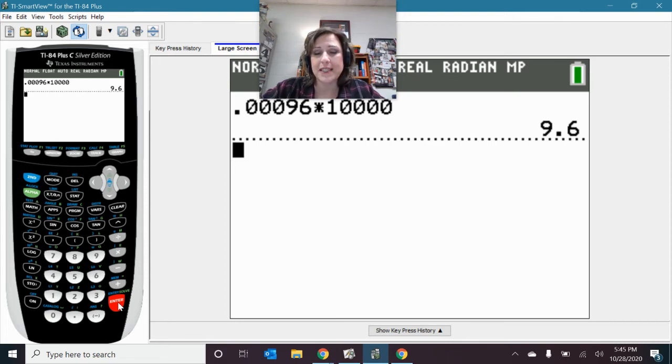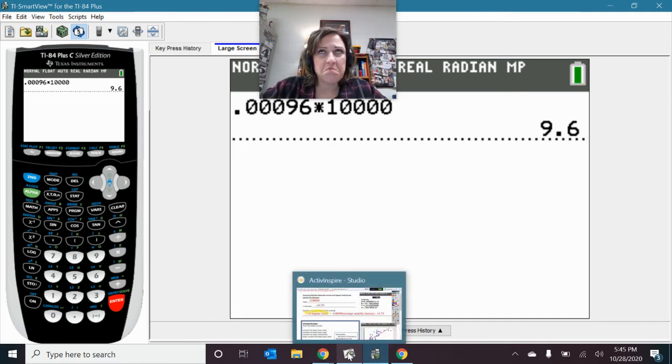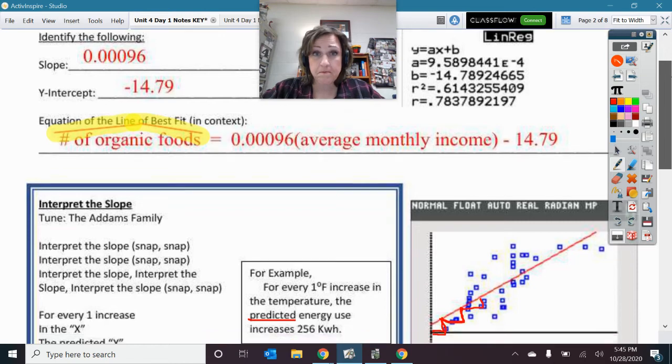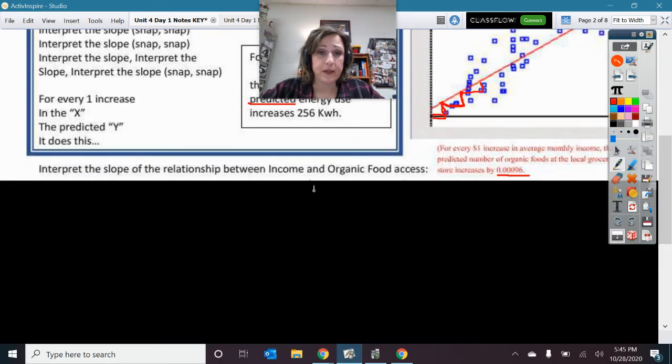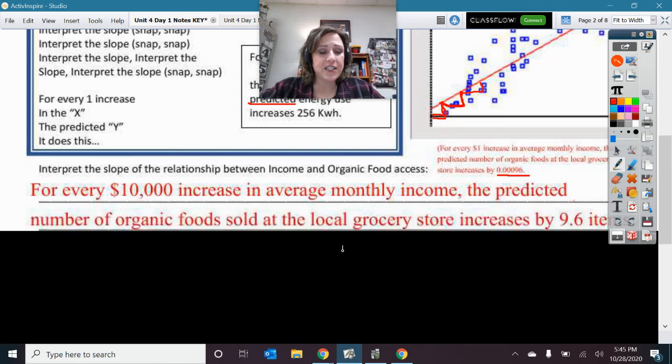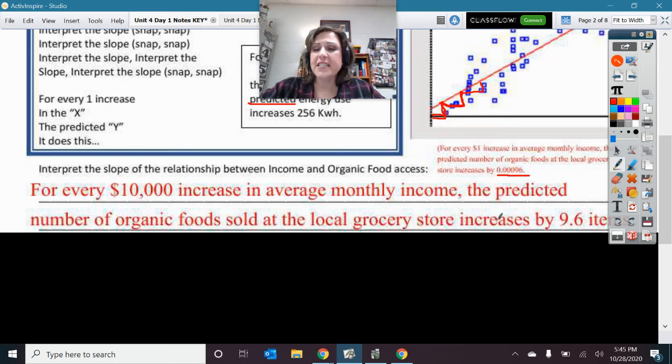And there it is, 9.6. 9.6 items predicted to increase that much. That sounds a little bit more realistic and natural in context of this problem. So, how about this? See how this sounds for you. For every $10,000 increase in the average monthly income, the predicted number of organic foods sold at the local grocery store increases by 9.6 items.